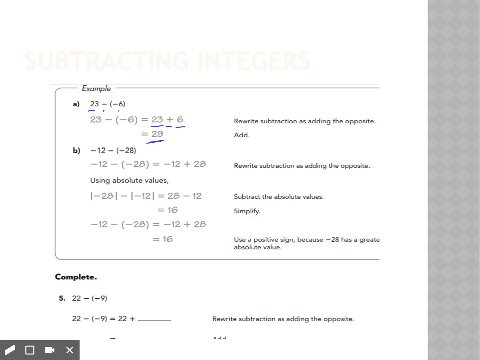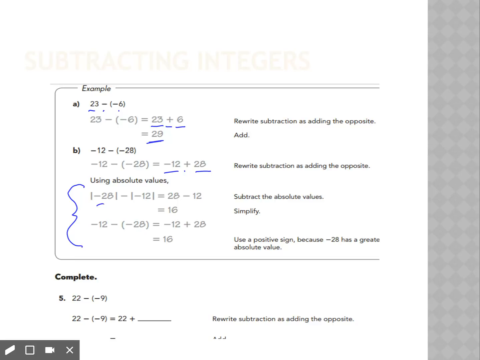And now we have negative 12 minus a negative 28 in letter B. Our first number stays the same, negative 12. Change subtraction to addition and make that a positive 28. Again, this is the step where you're going to use the rules for adding integers with different signs.